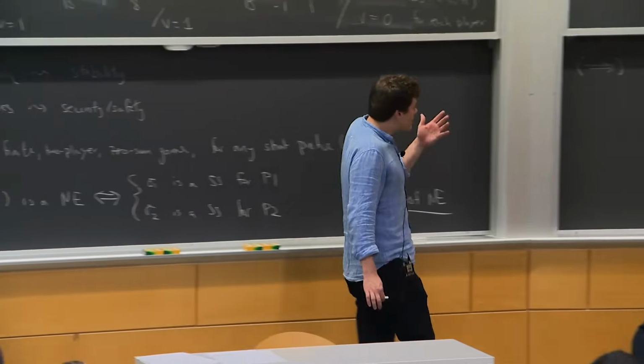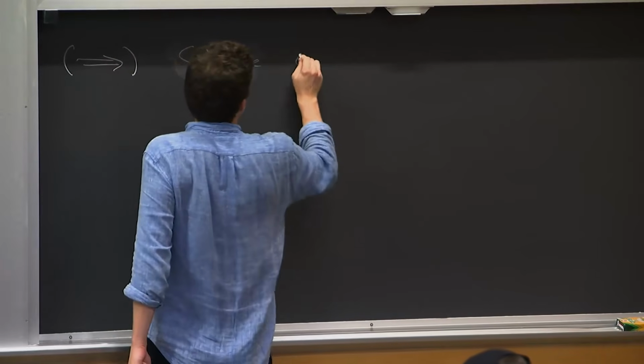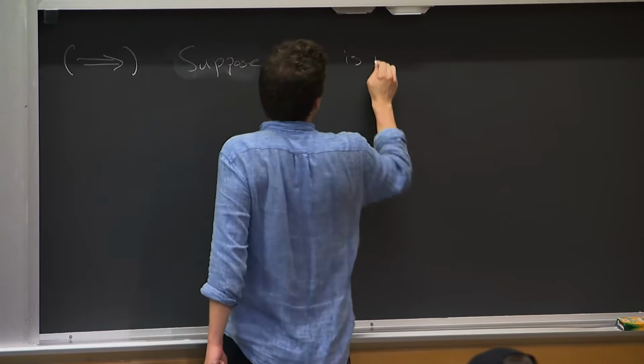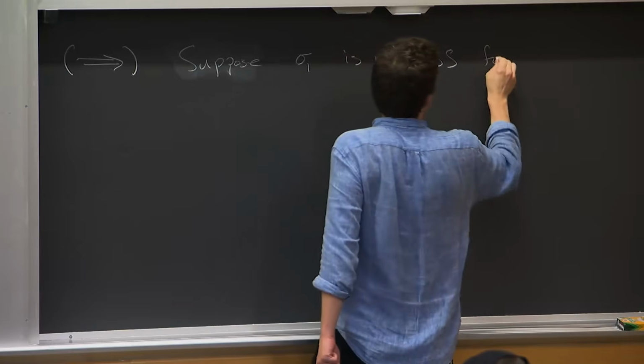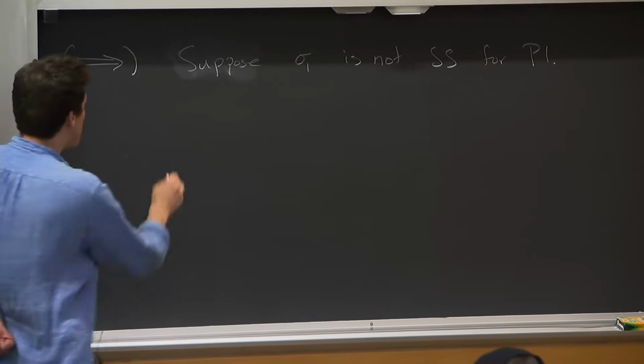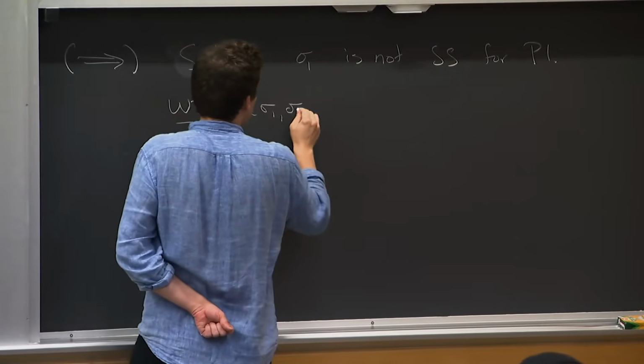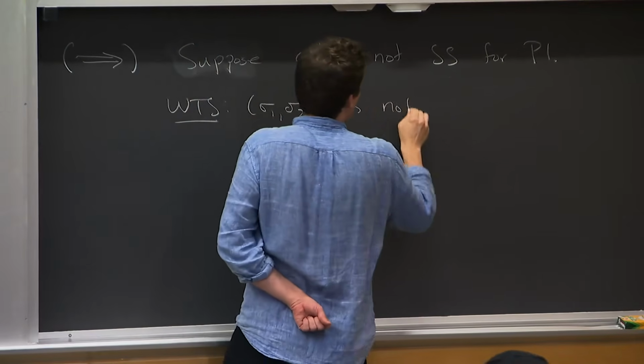So by symmetry, let's say, suppose sigma 1 is not a security strategy for player 1. I want to show, WTS, that sigma 1, sigma 2 is not a Nash equilibrium.